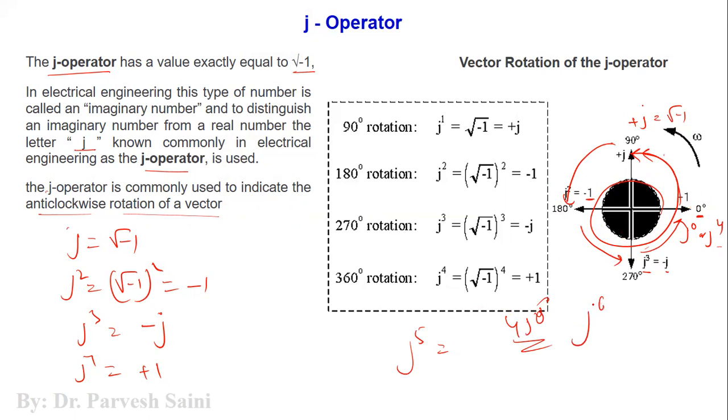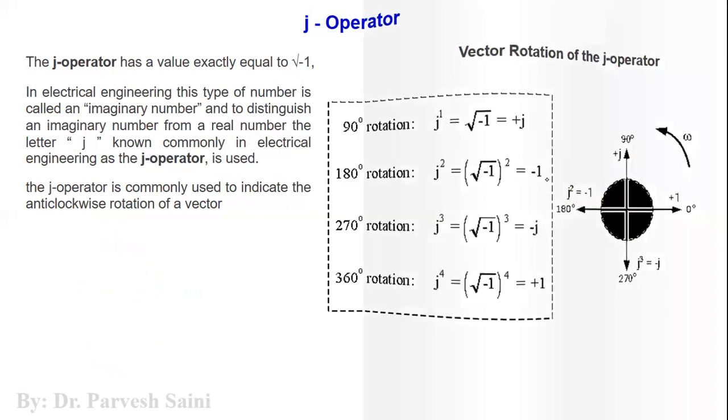If it is j raised to the power 6, it means j4 and then j square, so 360 plus 180, which is 540 degrees, right? So it follows the same rules as iota follows in mathematics, and it is used in electrical systems in place of iota.